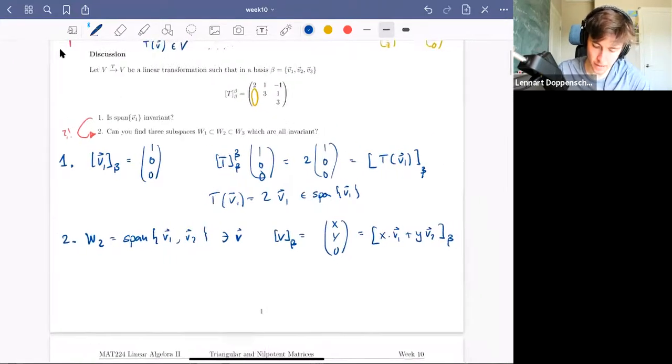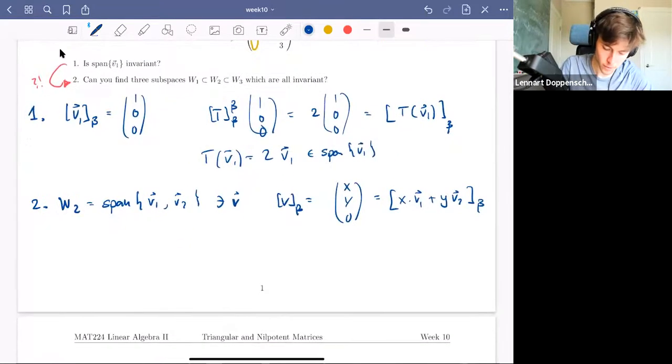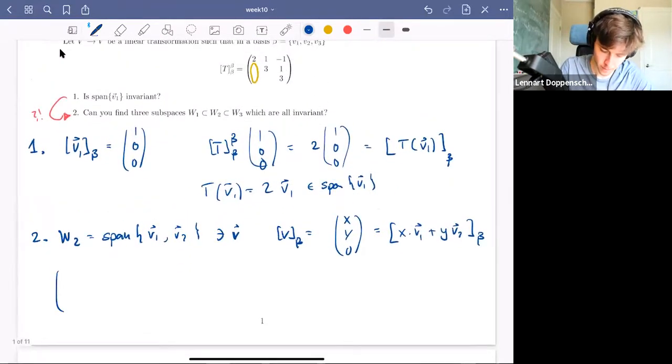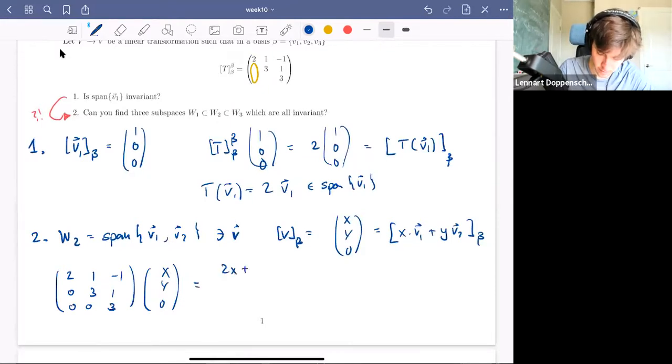So now what happens if we multiply this upper triangular matrix with a vector that has only so many non-zero entries on the top? So now observe that the matrix 2, 1, minus 1, 0, 3, 1, 0, 0, 3 times x, y, 0 will be 2x plus y, 3y, and 0.